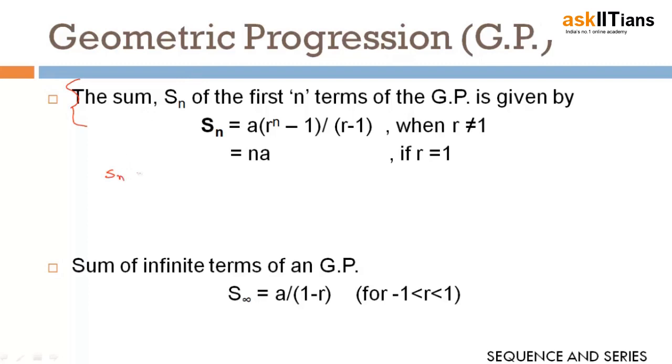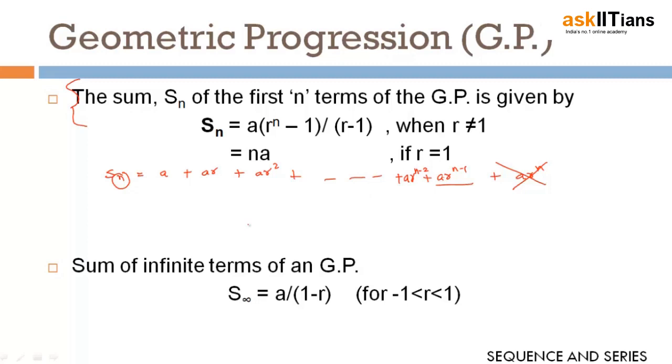If I write Sn, it will be a plus ar plus ar square plus, up to ar to the n minus 1, which is the last term. After this it would be ar to the n, but we don't need to go to this term, we are interested in n terms. So we write the term before the last as a into r to the n minus 2.